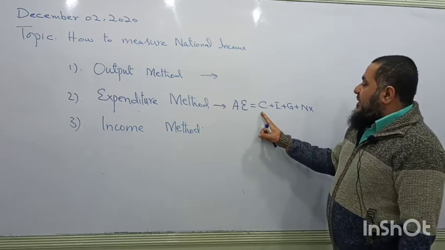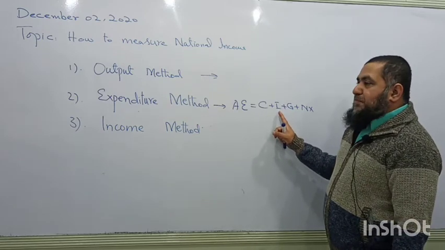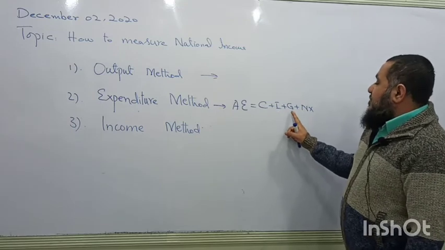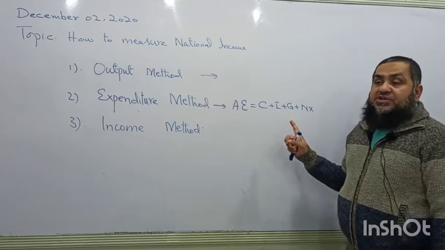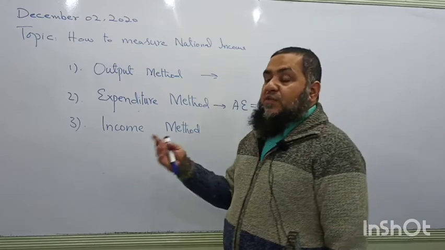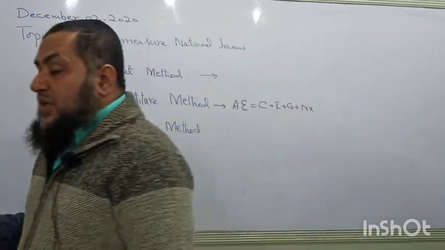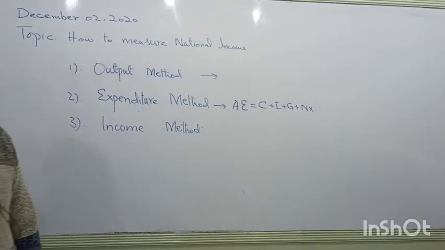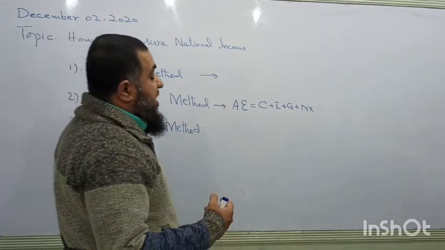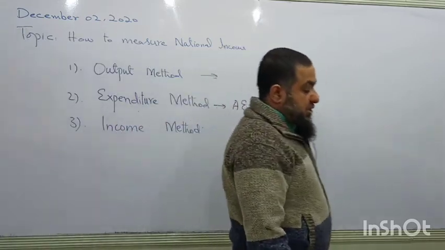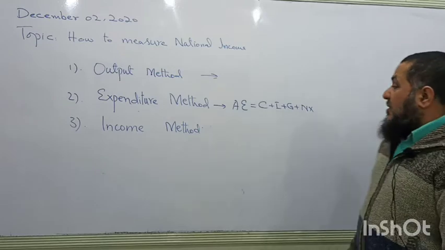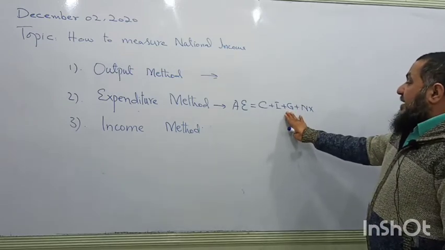So consumer expenditures are added with producer expenditure, and then we say government expenditures on development projects. What are those development projects? Like those which create employment opportunities in the country, like improvement in infrastructure. That is called government expenditure. So they are also added up.